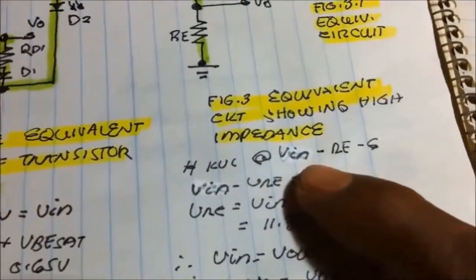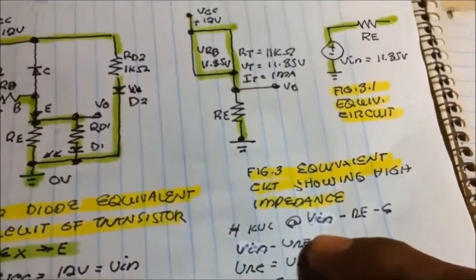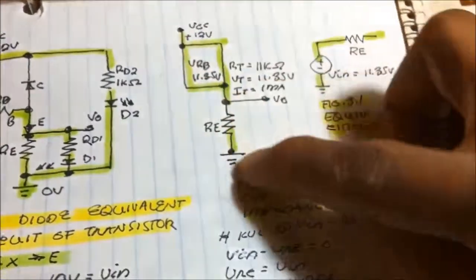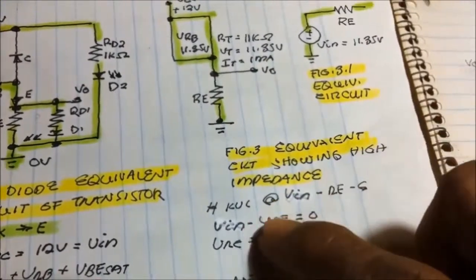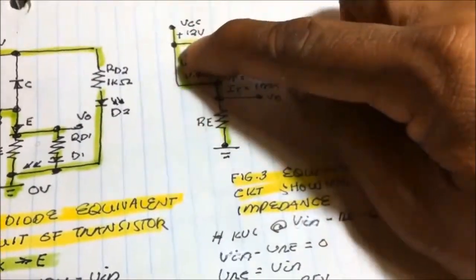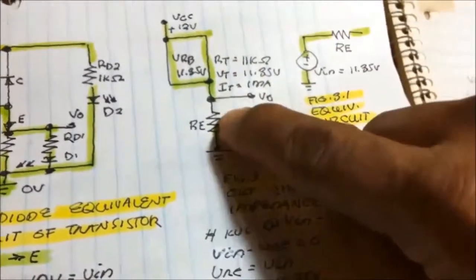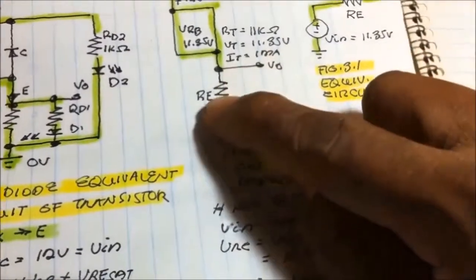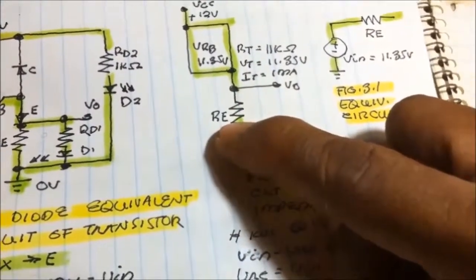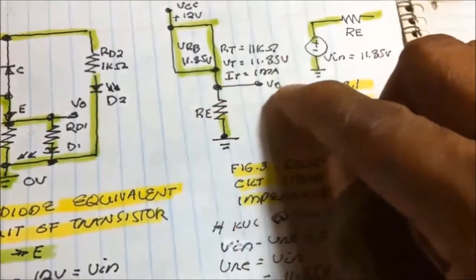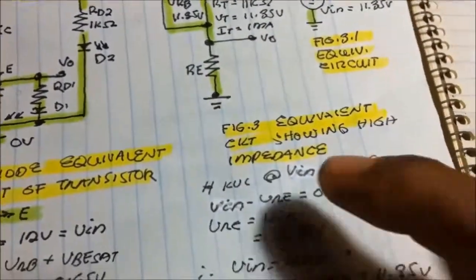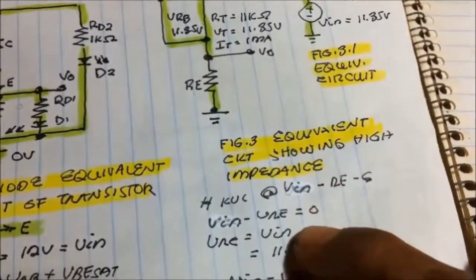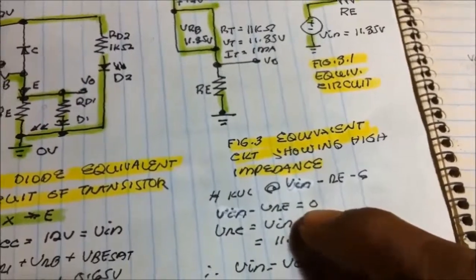And then, because of that, we're now going to compute using Kirchhoff's voltage law. Voltage input minus the voltage output. The voltage output is the voltage in the emitter resistor, which is also equal to the voltage output, voltage RE. Voltage input minus voltage output is equal to 0. That is the KVL.